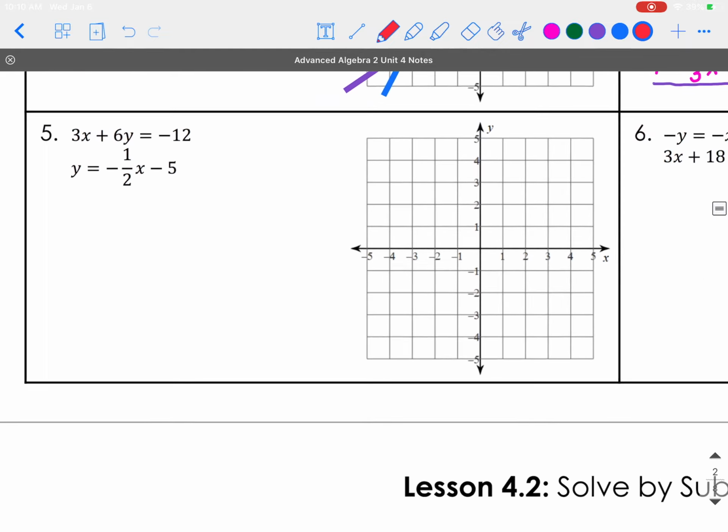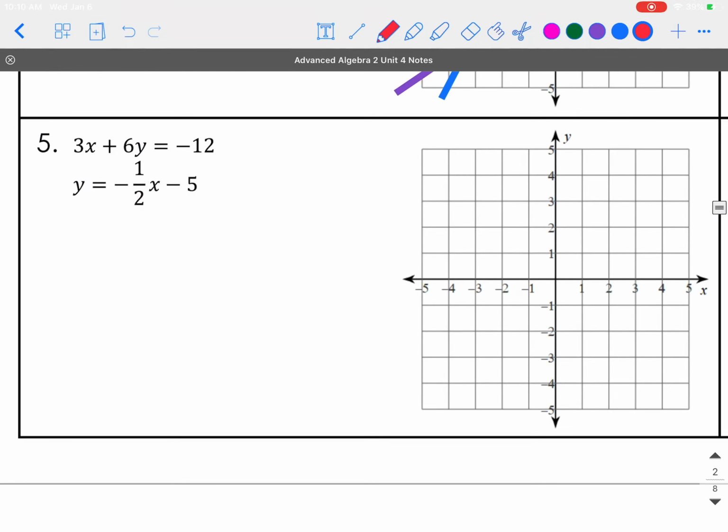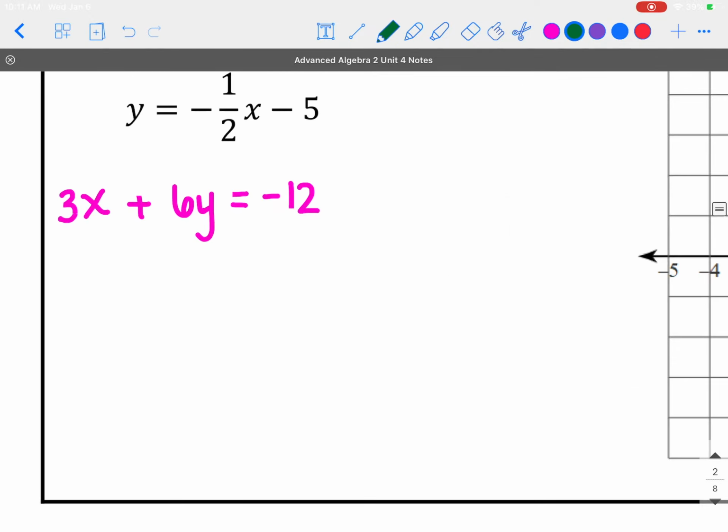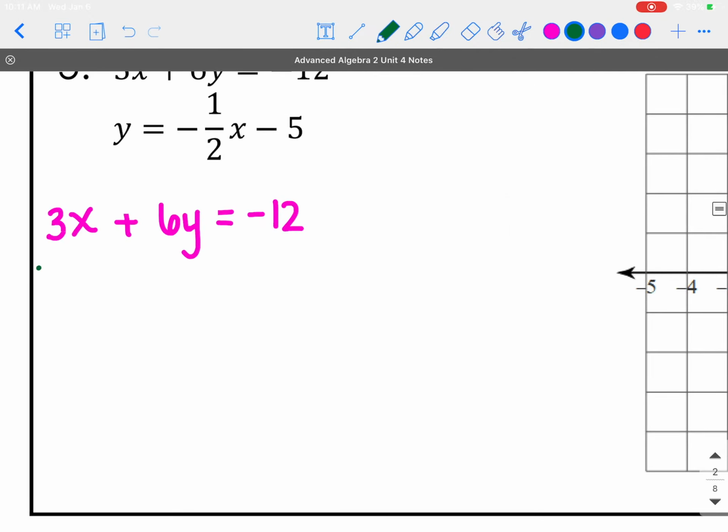All right, so let's move on to number 5. One of these is in slope-intercept form, but one is not. 3x plus 6y equals negative 12. Start by subtracting the 3x. 6y equals negative 3x minus 12.